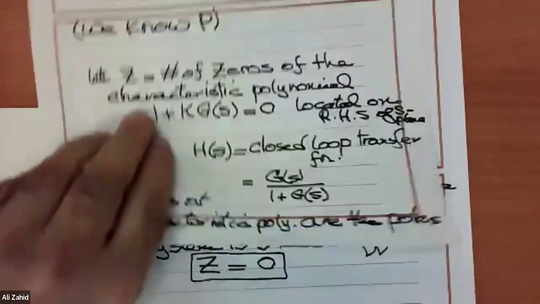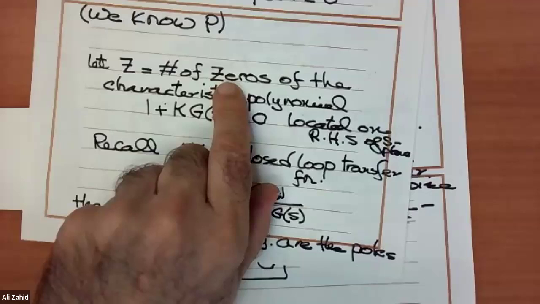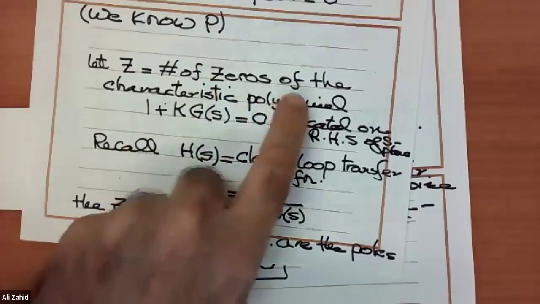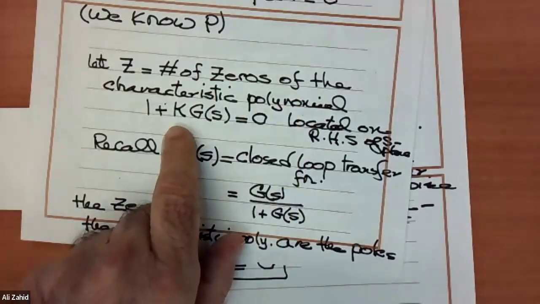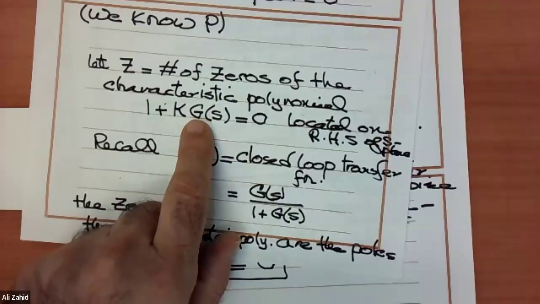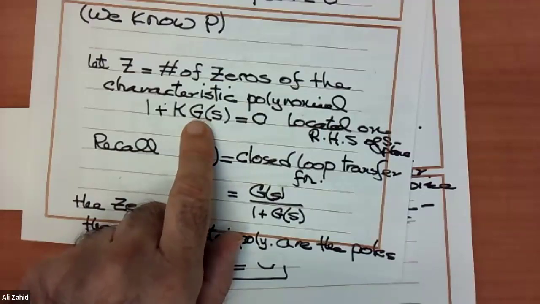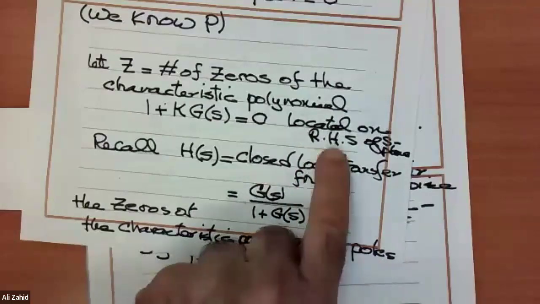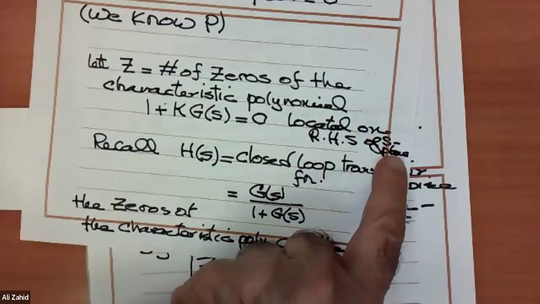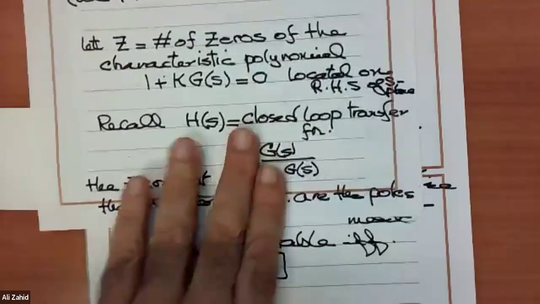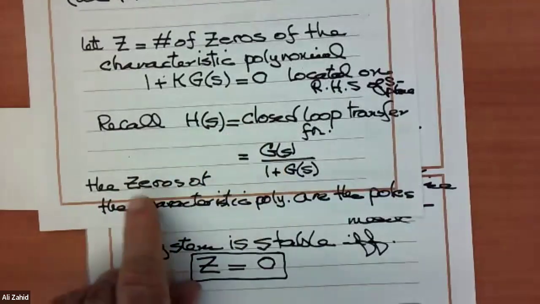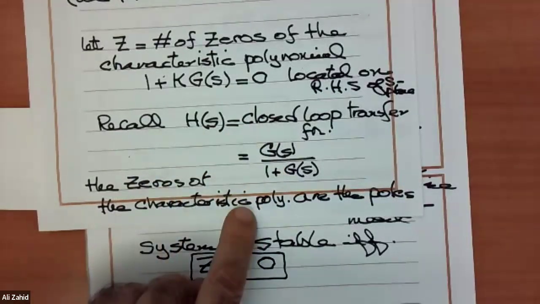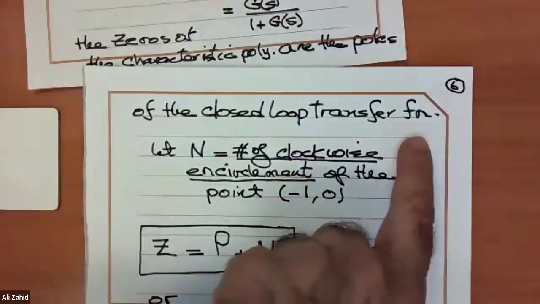Z is the number of zeros of the characteristic polynomial, which are the roots of the characteristic polynomial. If I tell you there are no zeros on the right-hand side of the S-plane, what does that tell you? Remember, the zeros of the characteristic polynomial are the poles of the closed loop transfer function.